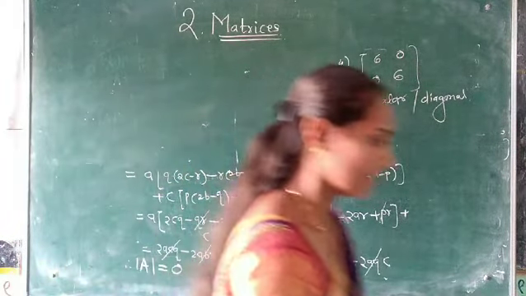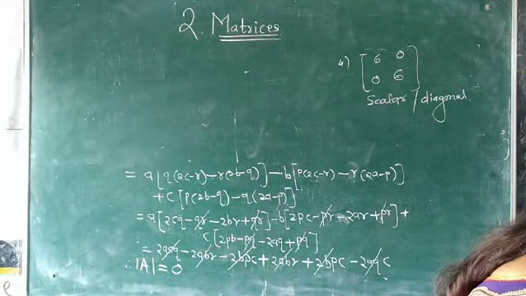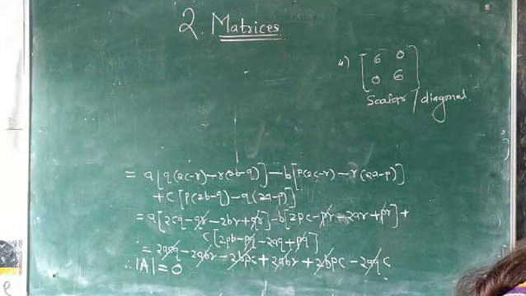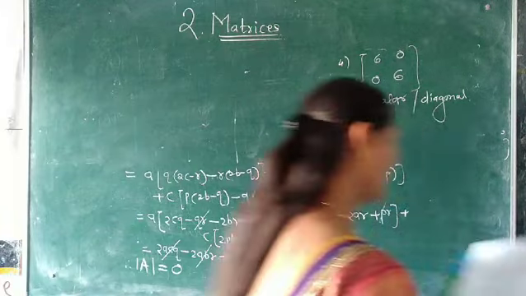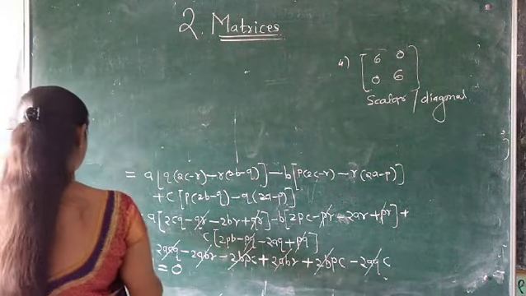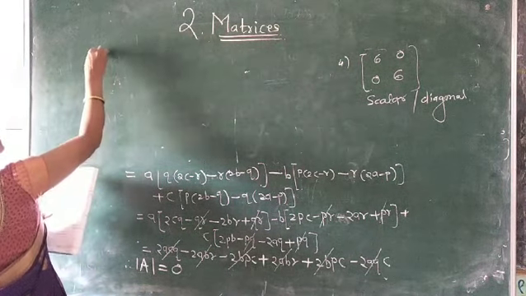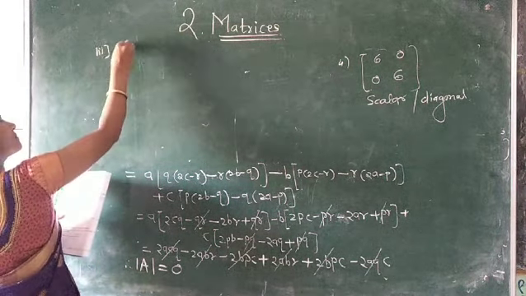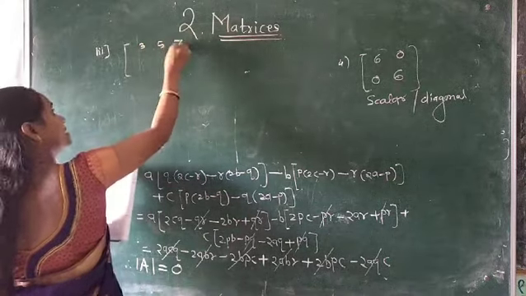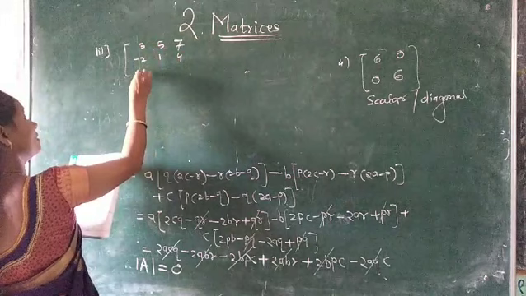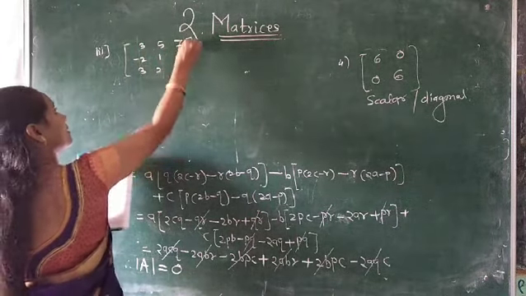Now take the third example. What is the third example here? 3, 5, 7; minus 2, 1, 4; 3, 2, 5.